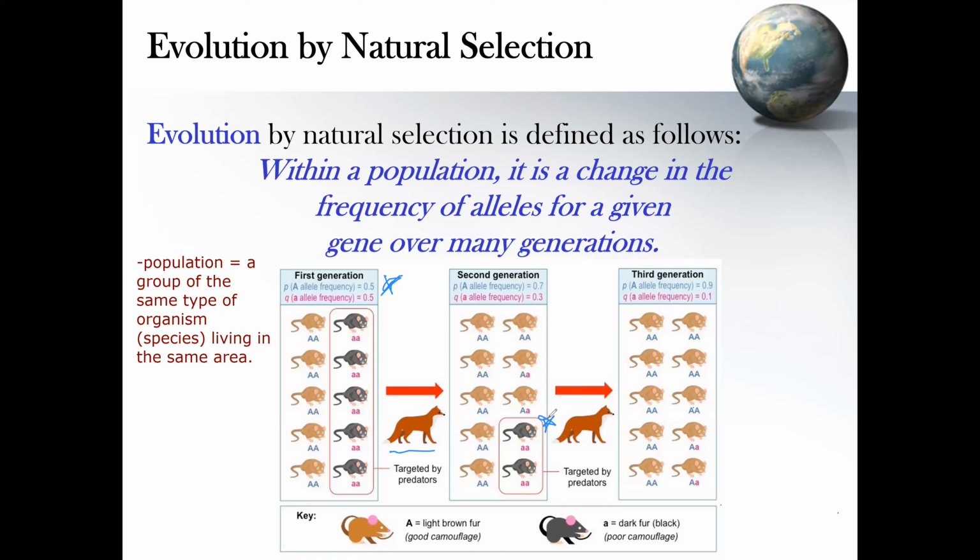So then we have the fox is going to eat those remaining gray mice. So the third generation, the brown mice made offspring, but the gray mice are gone. So when I say a change in the percentage of individuals for a given gene, this is what I mean. So let me try to summarize this for you.